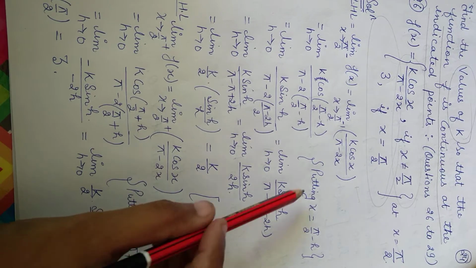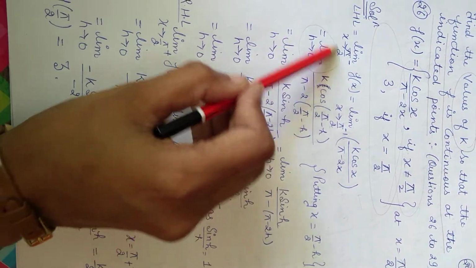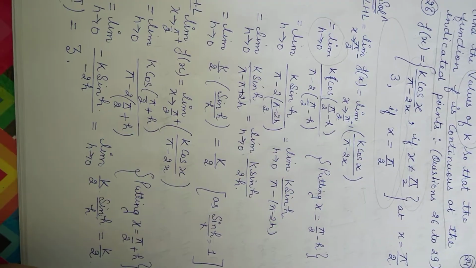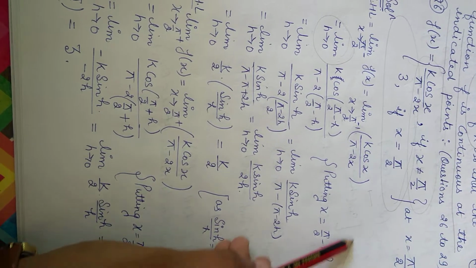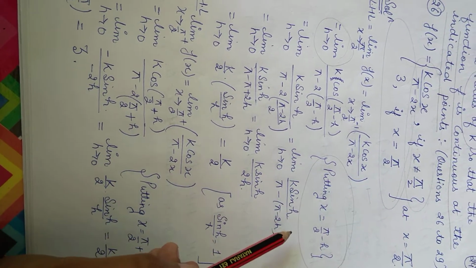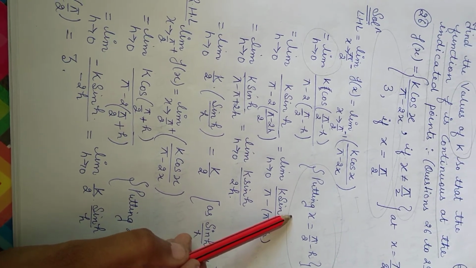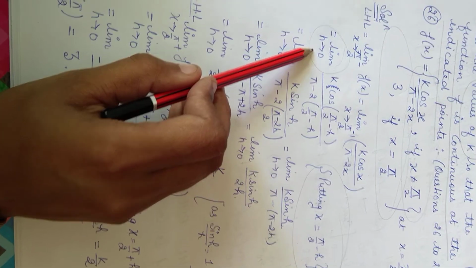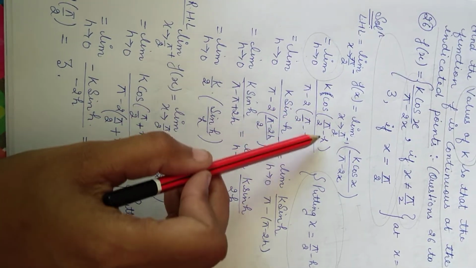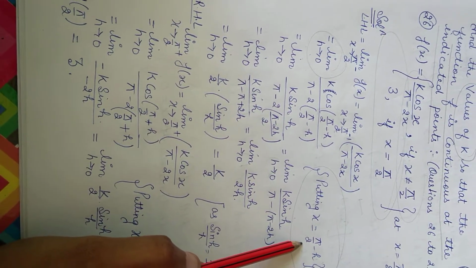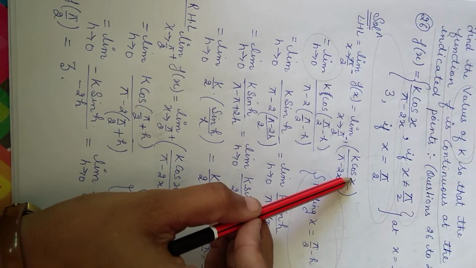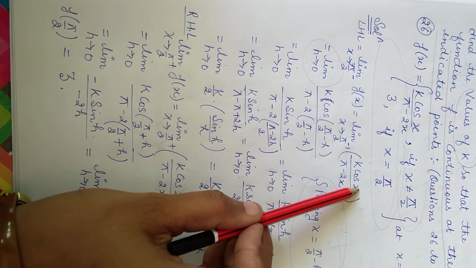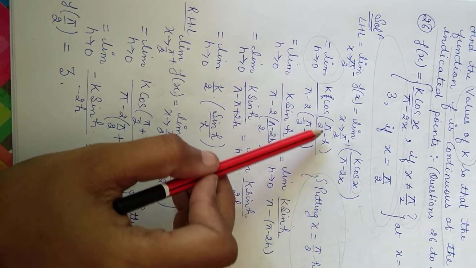Now बच्चे, what we will do, we will change this limit in terms of h, that is limit h tends to 0. How we can change it? By putting x is equal to pi by 2 minus h, we can change it into h tends to 0. Now बच्चे, when we will put this pi by 2 minus h in this function, what we will get? k cos, this is x, so in place of x what we have written?